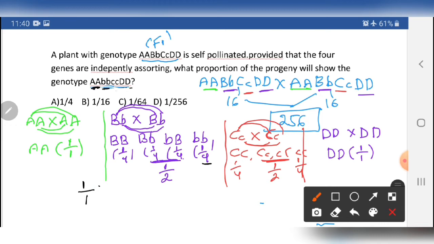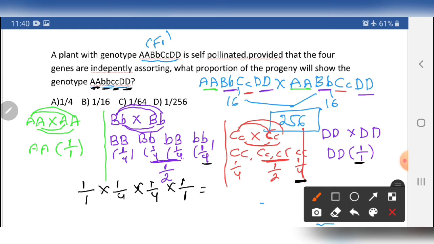So what about into 1 by 4? Yes, and small c small c means this is into 1 by 4. Again capital D. So capital D is a 1 value, 1 by 1.